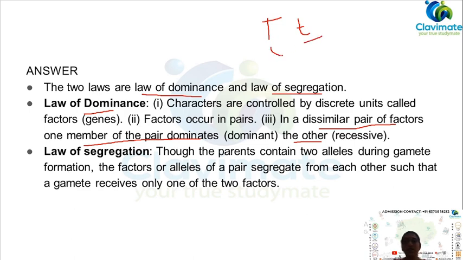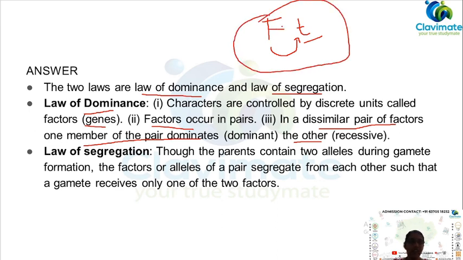So this is what is stated in the law of dominance. Here, factors means genes. In a pair of factors, one dominates the other. So here capital T dominates small t. This is the law of dominance.